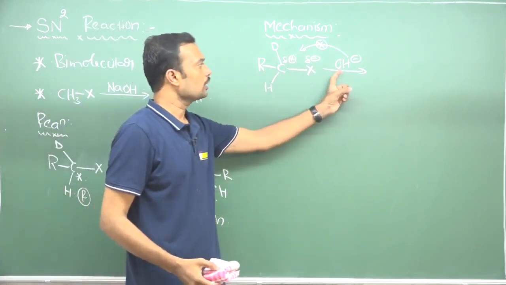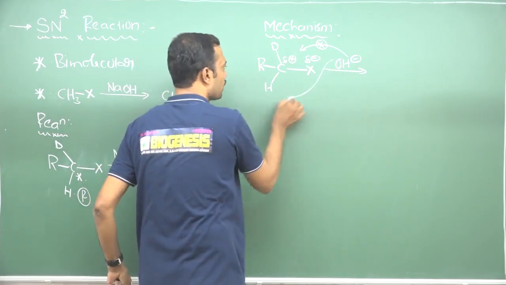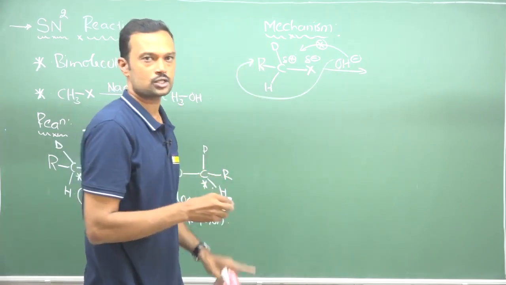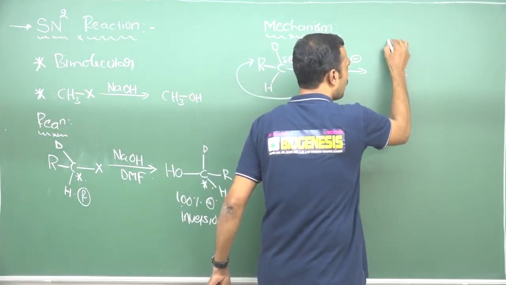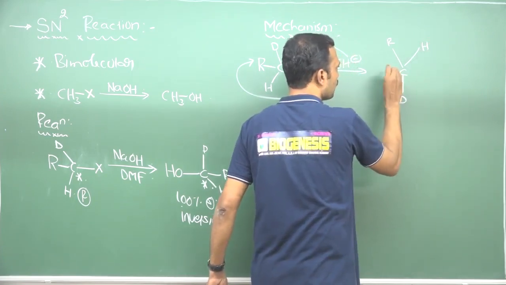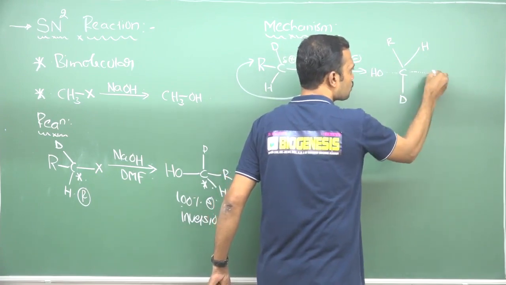So, definitely the reagent wants to attack from the backward direction. Here bulkiness is very less, so definitely it can interact from the opposite direction. Here the alkyl group is present, now here hydrogen, later deuterium. In this direction the hydroxy group is attacking and in this direction the halogen is leaving.